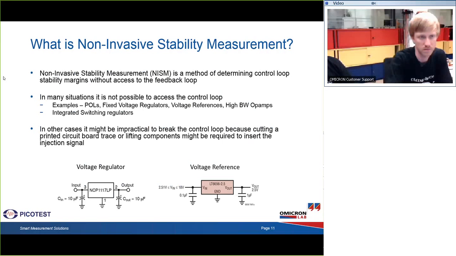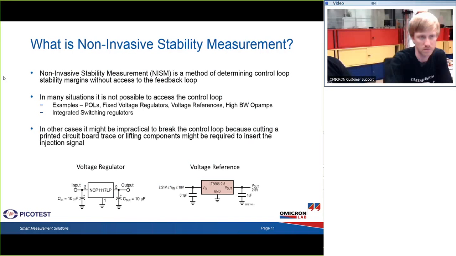Thank you. There are many reasons that we might want to make non-invasive stability measurements, but the basic reason for doing so is the inability to access the feedback loop in order to directly measure the Bode plot.